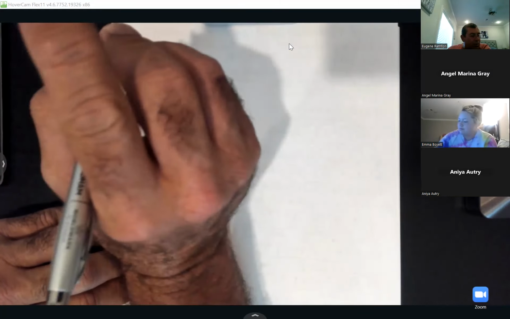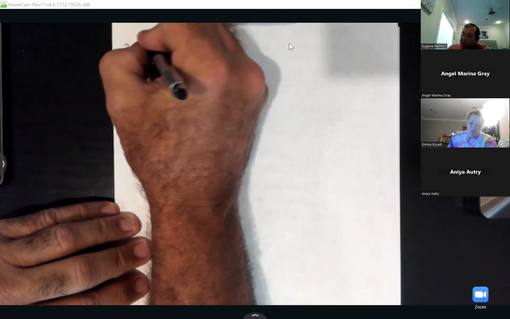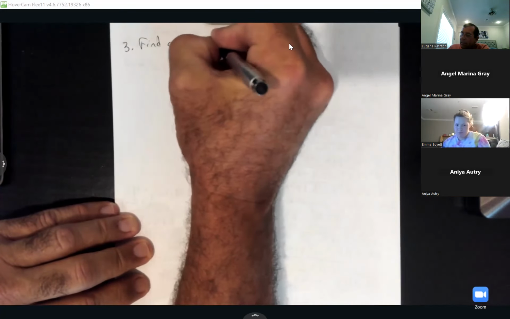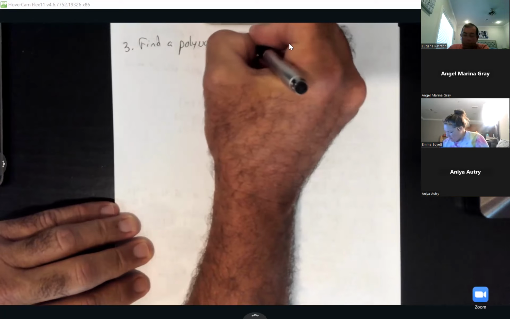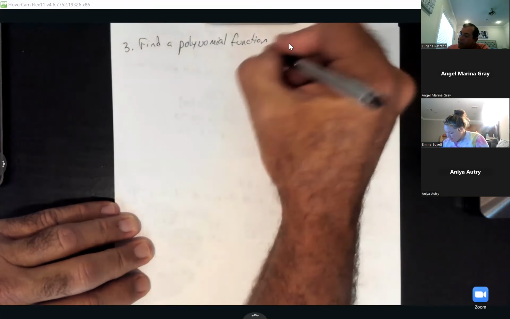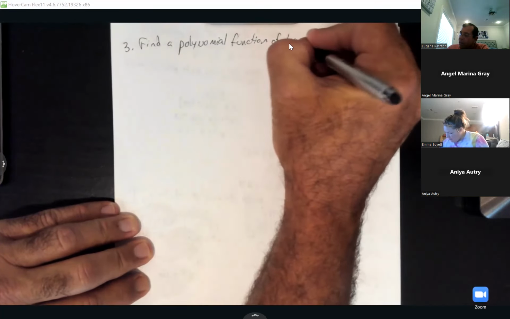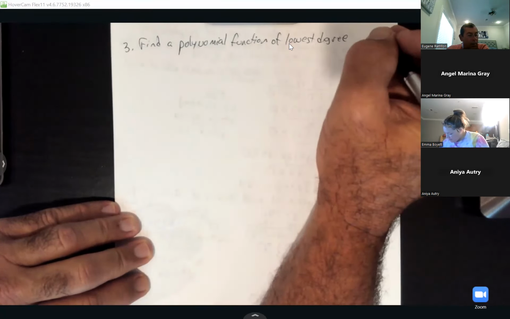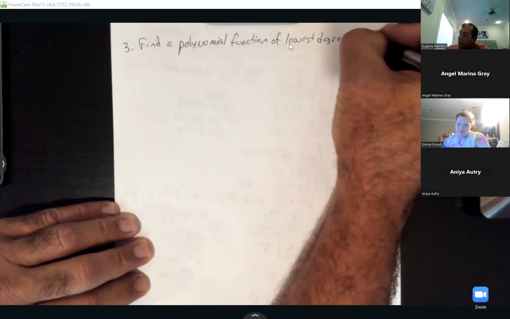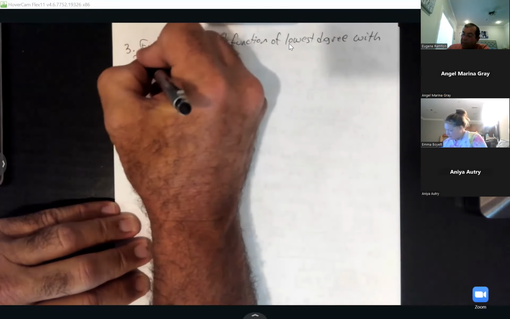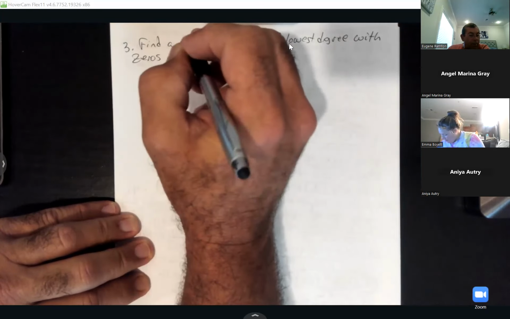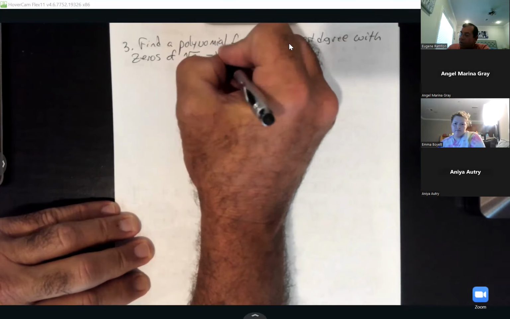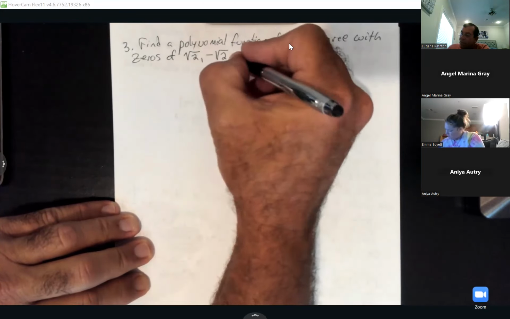All right, so this one says, find the polynomial function of lowest degree with zeros of square root of 2, negative square root of 2, and 4.